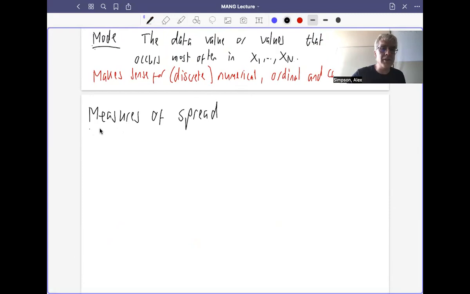So to understand the notion of measures of spread, let's consider how we might visualize data, so how we might present some data that we've gathered.